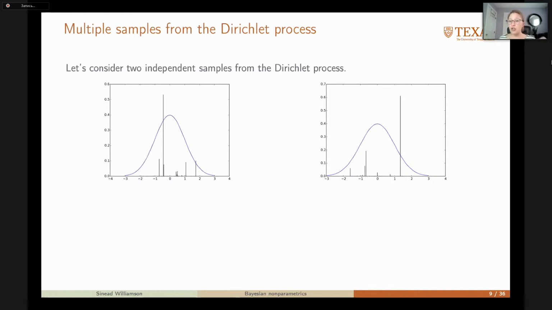So let's consider two samples from the Dirichlet process. In each case, we have sampled our infinite dimensional probability vector. And for each of those components, we have sampled a distribution over words from that Dirichlet. Now, the Dirichlet distribution is a continuous distribution, much like the Gaussian. So let's maybe think in terms of the Gaussian, because we're probably more comfortable with that. If I have two samples from a Gaussian, what's the probability they're going to be exactly the same?